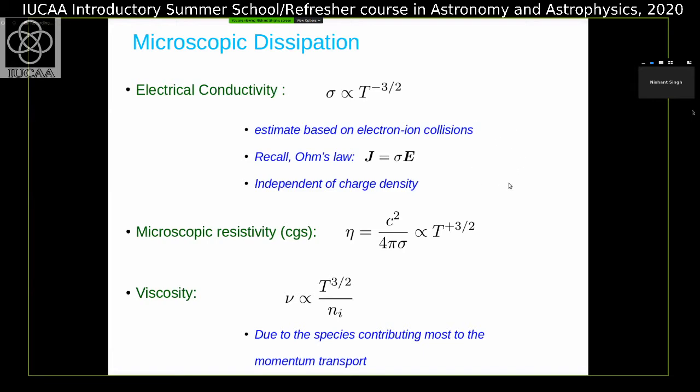So that cross section gives you a collision cross section. There is a collision time here, through which you can work out all the relevant quantities and put it for J and E. Whatever you get as a proportionality constant is basically sigma.